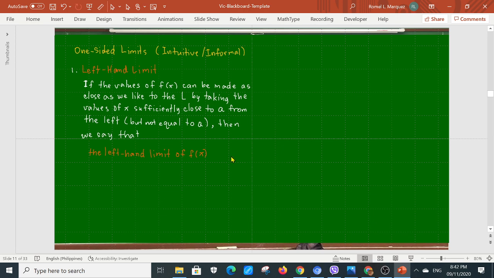Left hand limit of f of x as x approaches A.